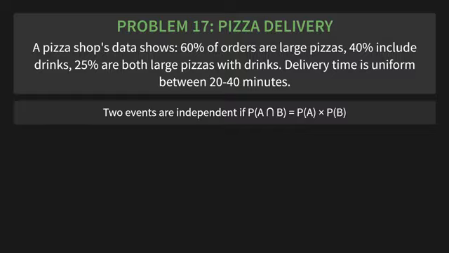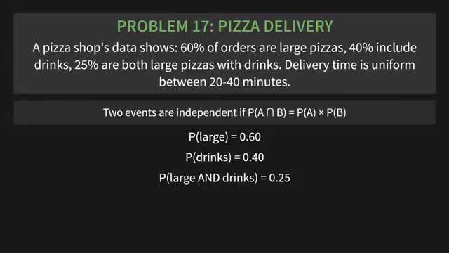Here's how we test for independence. If two events are truly independent, then the probability of both happening should equal the probability of the first times the probability of the second. Let's check. If these were independent, we'd expect 60% large pizza times 40% drinks equals 24% should order both.